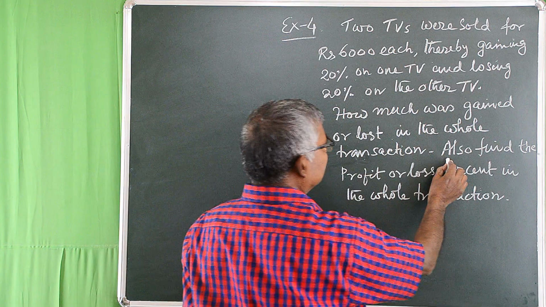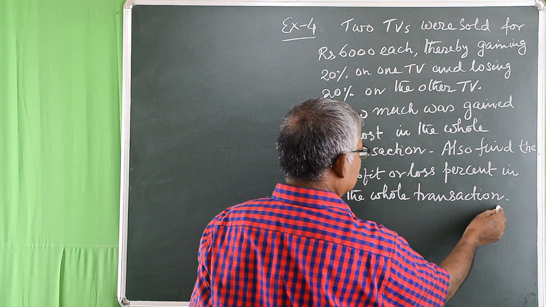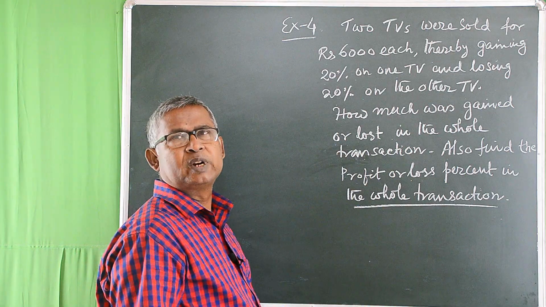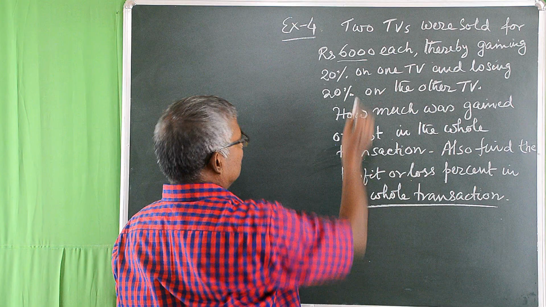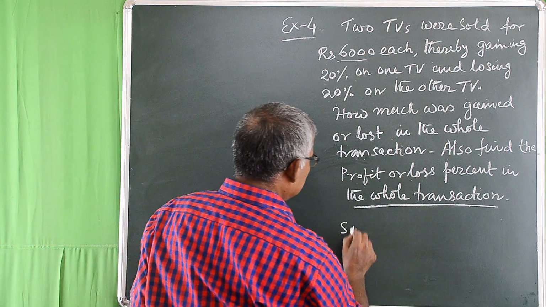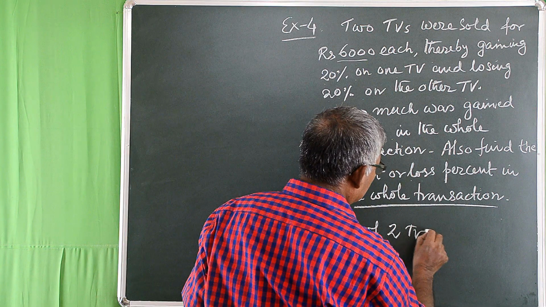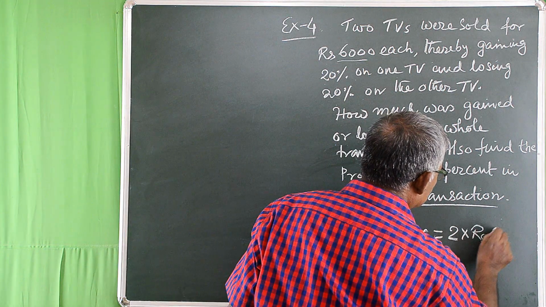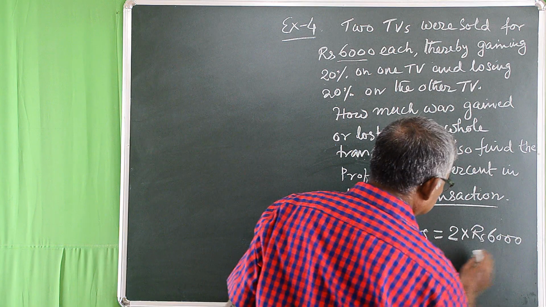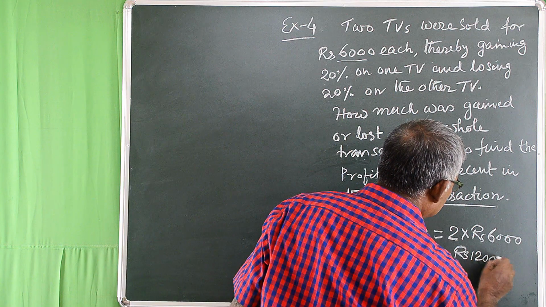Also find the profit or loss percent in the whole transaction. Students, the selling price of each TV is given. So selling price of two TVs equal to 2 into rupees 6000, that is rupees 12,000.